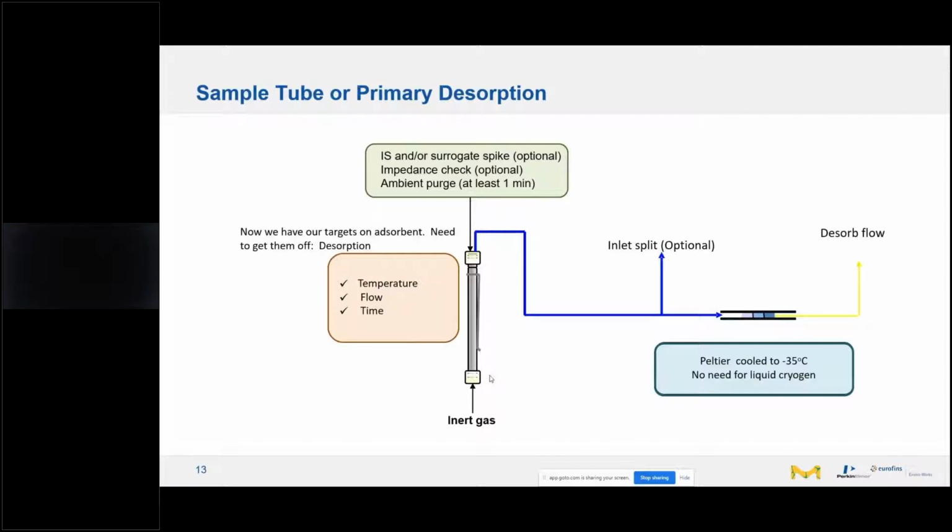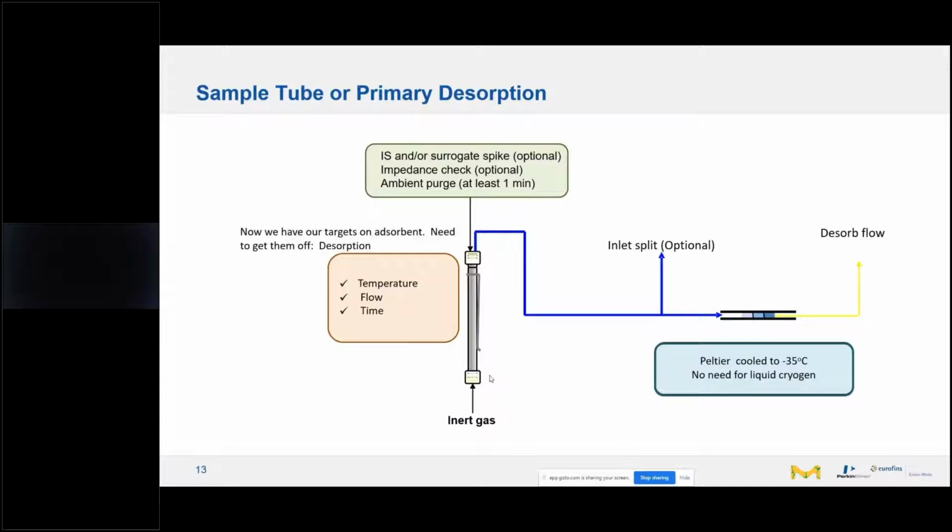Then the oven is placed on the tube, and with flow, typical time for desorption is 8 minutes, but it's piggybacked with your GC runtime. With flow, the targets move out of the absorbent onto a focusing trap. Now, there's an inlet split before the trap for very contaminated samples.